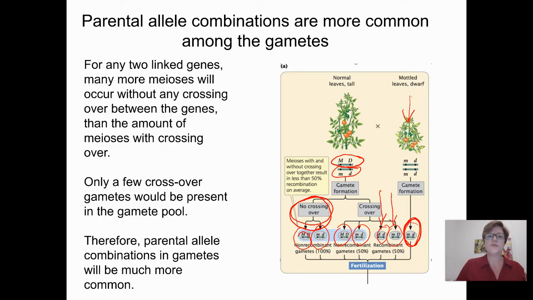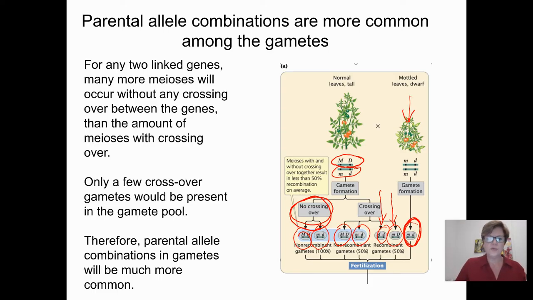So the rule is, for any two linked genes, many more meioses will occur without any crossing over directly between the two genes, compared to the amount of meioses that do have crossing over between the two genes. So only a few of the crossover gametes will be in the pool of gametes.